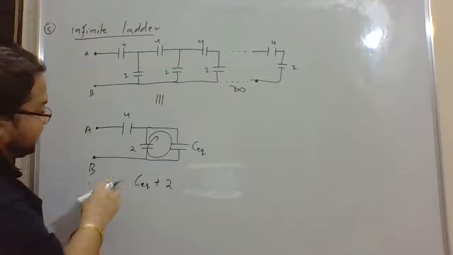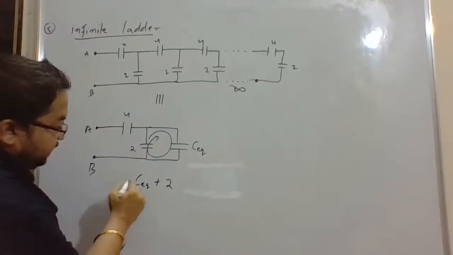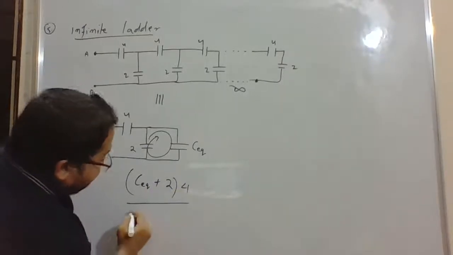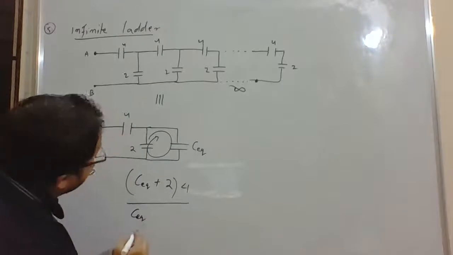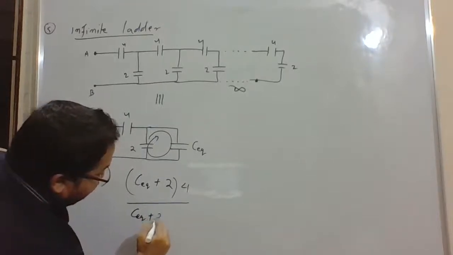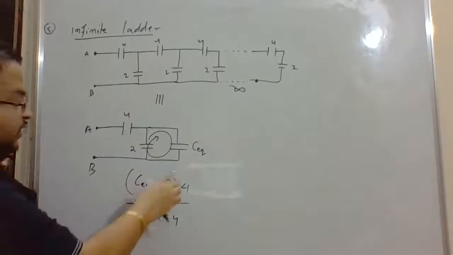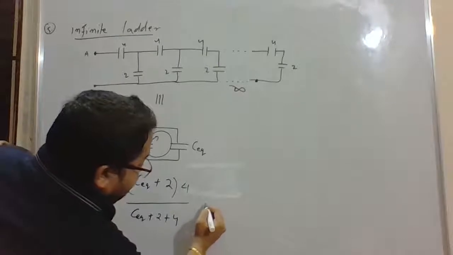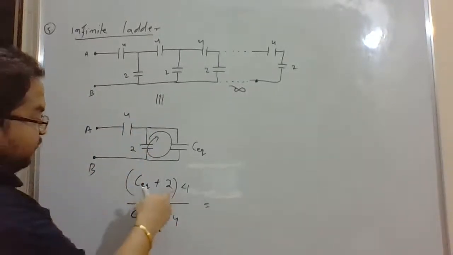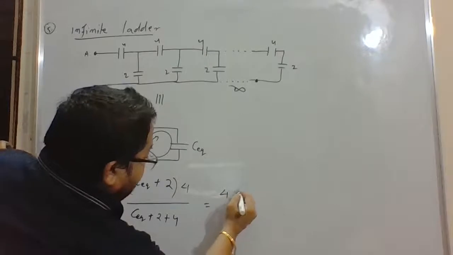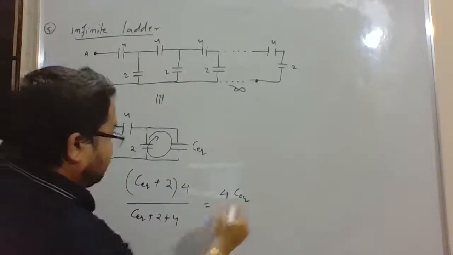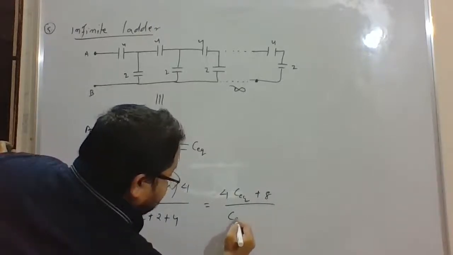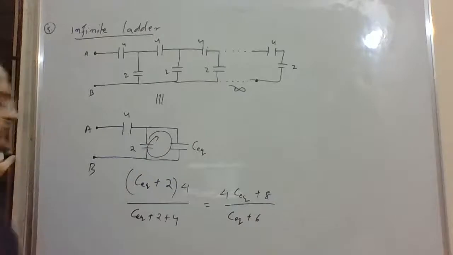So the capacitance of this one and 4 would be (C equivalent plus 2) into 4 by (C equivalent plus 2 plus 4), C1 into C2 by C1 plus C2, same formula. So let's try to solve it. What do we get? This is nothing but (4 C equivalent plus 8) by (C equivalent plus 6).